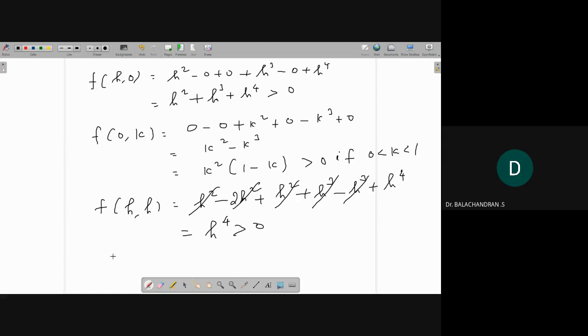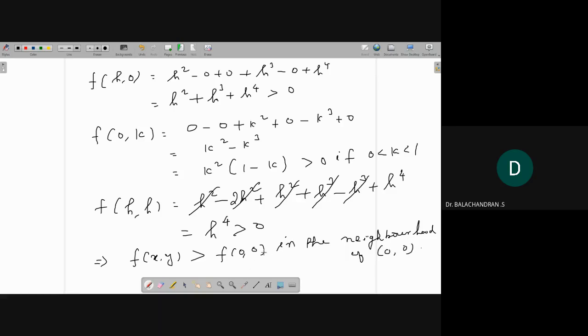So this implies f(x, y) > f(0, 0) in the neighborhood of (0, 0).